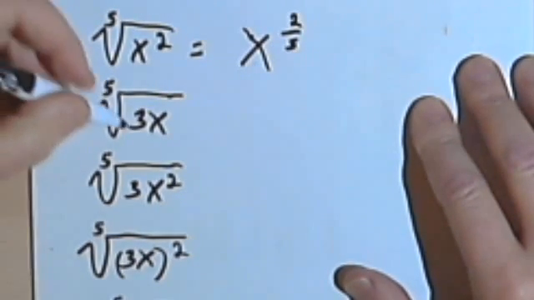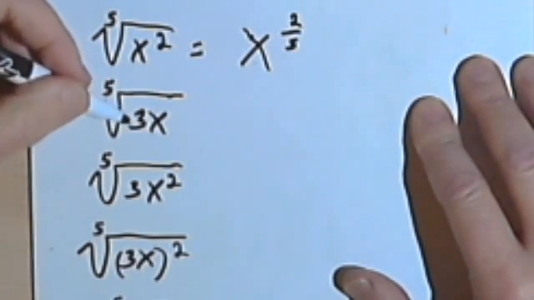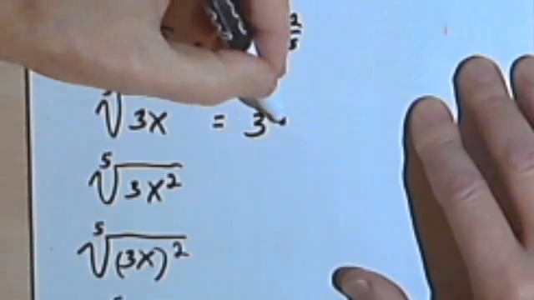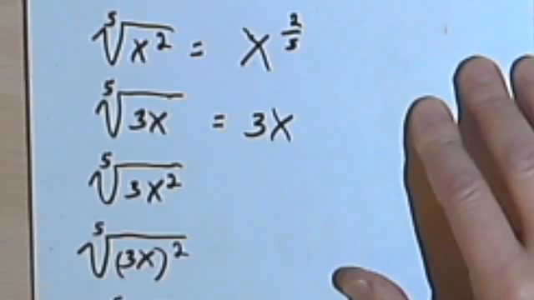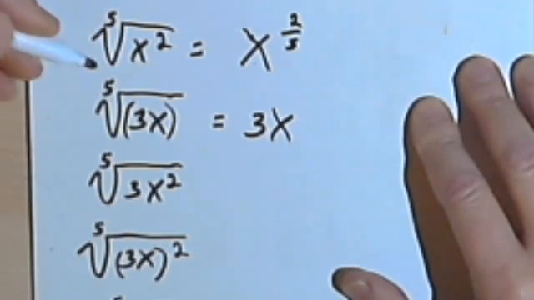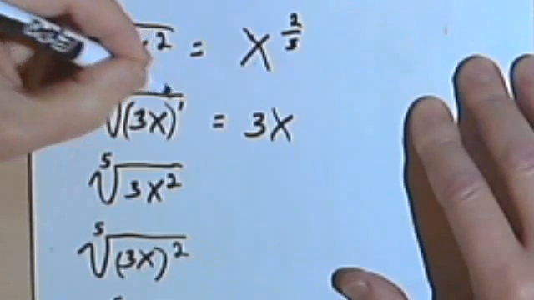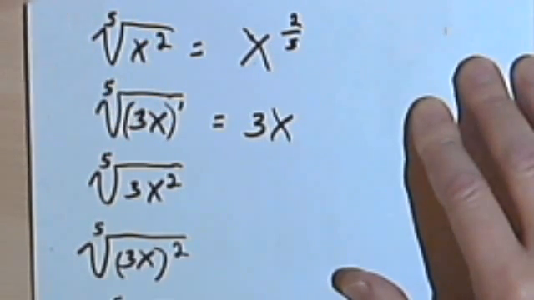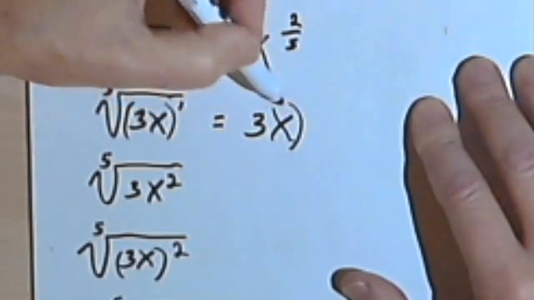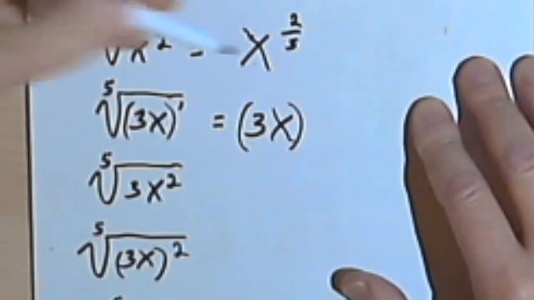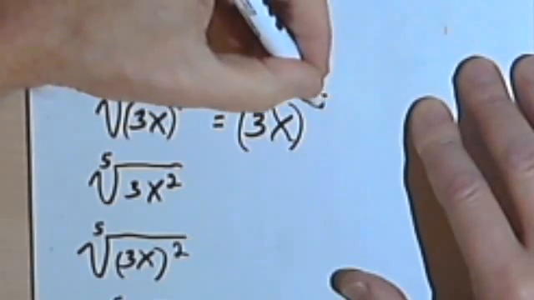I've got the 5th root of 3x. So what's underneath the radical sign is a 3x. Now, when you see that 3x, it might be good to think of it as 3x in parentheses raised to the first power. Think of that as being under the radical sign, which means we want to take that 3x, put it in parentheses outside of the radical sign, and then my exponent is going to be 1 over 5.